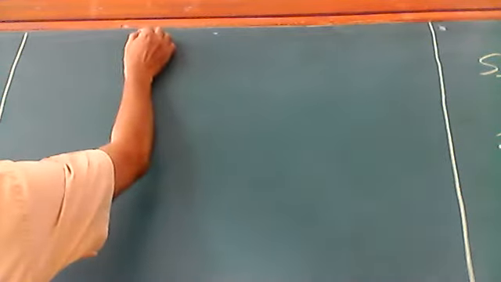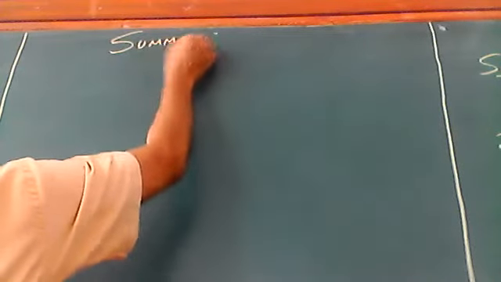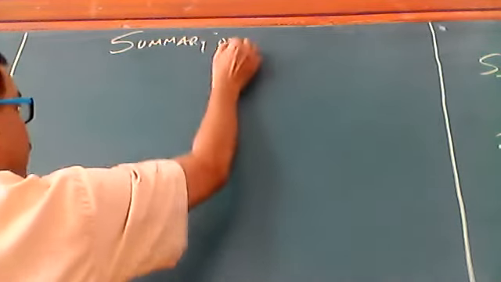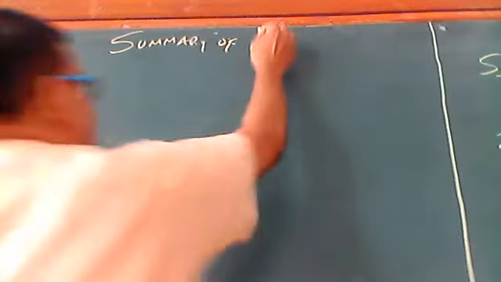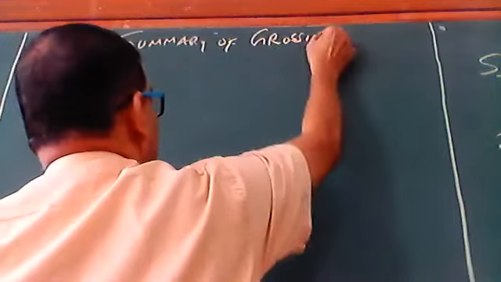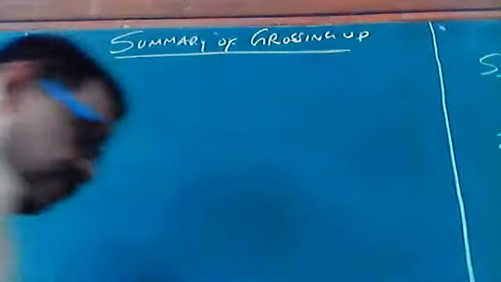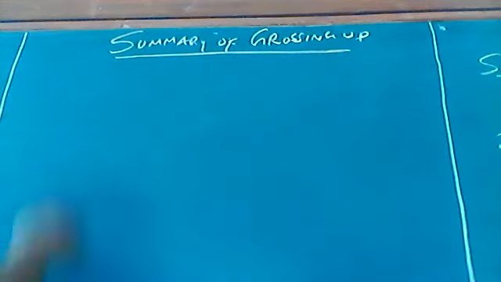We draw a table, the summary of gross income table.